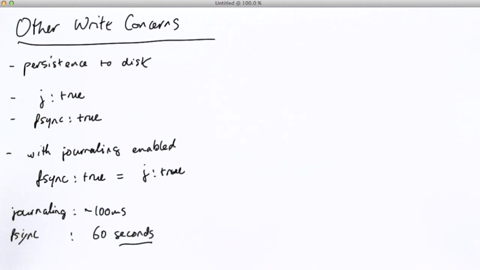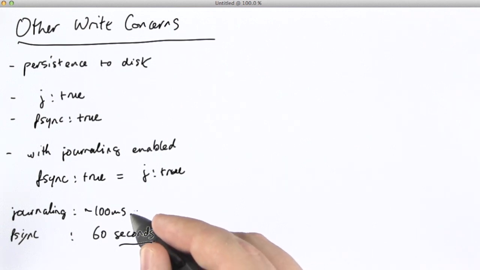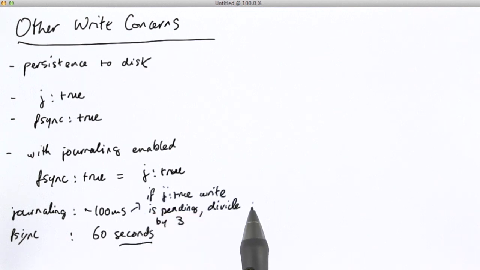One other little note, and if anyone takes a look at the code here for the j:true acknowledgement, you'll notice that if there is a j:true write pending, the sync for the journal is reduced. In fact, this 100 milliseconds will be divided by 3. So it is still potentially up to a maximum of 100 milliseconds if there was no pending write. But we do try to make things a little bit faster.